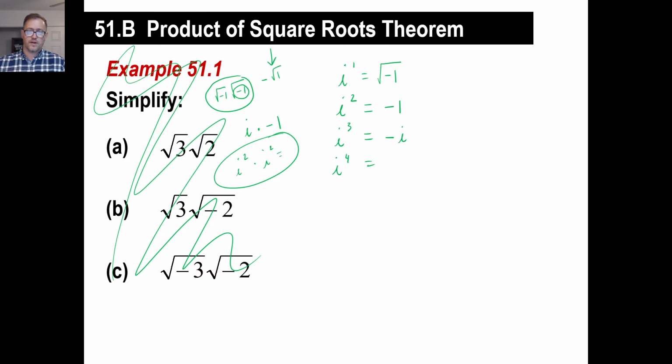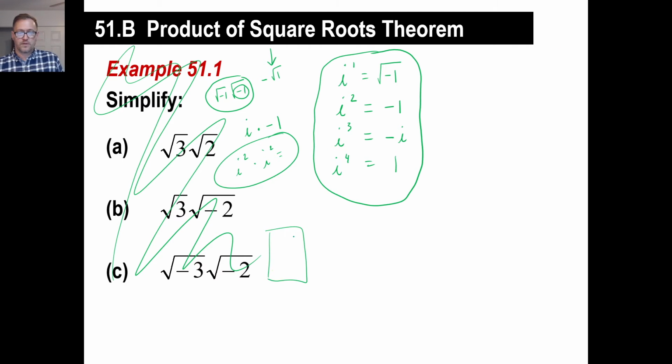Well, i squared is -1. What is -1 times -1? It's 1, right? That is your list right there. Know that list of 4. Memorize it, put it on a card somewhere, keep it in your notebook with a 51 at the top, imaginary numbers, because you're going to be using this.